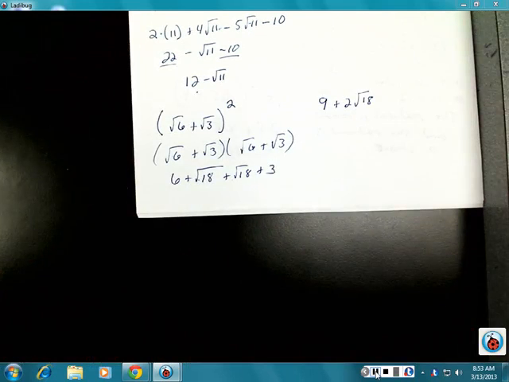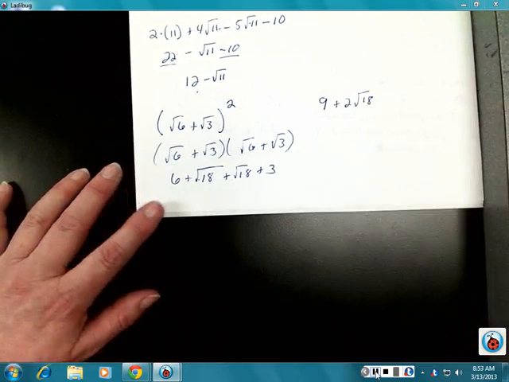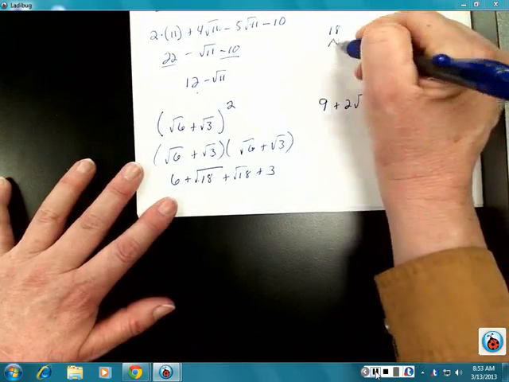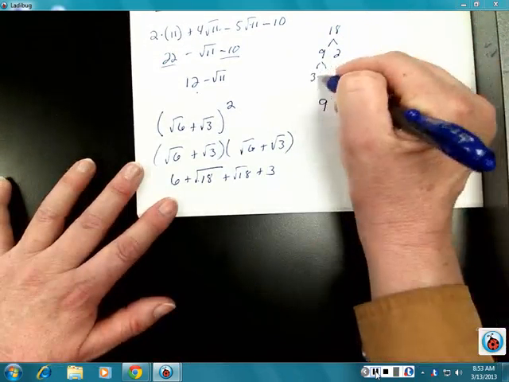what's Hawks going to tell me? Not simplified. Okay, so it's not simplified, and I'm thinking, well, 9 is simplified, but this 18 is not. So then you need to take 18 and break it apart to 9 times 2, and 9's made up of 3 times 3.